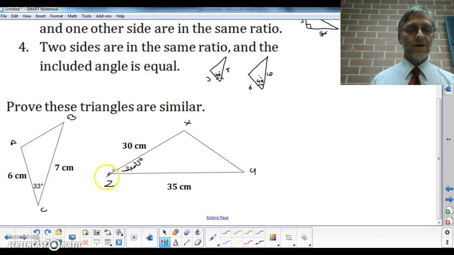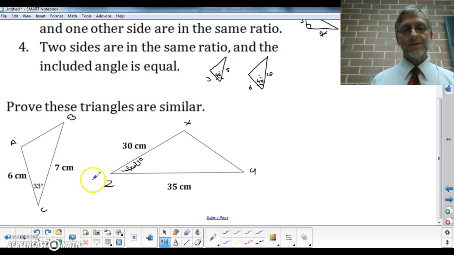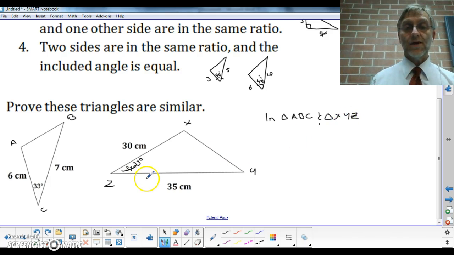Okay, so if that's a 33-degree angle and that's a 33-degree angle, are those two triangles similar? Let's prove it. So in triangle A, B, C, and triangle X, Y, Z, what sort of proof are we going to use? Well, it's got to be this line number 4.